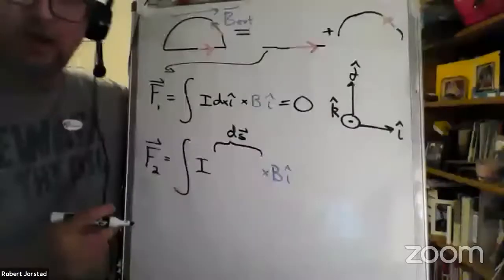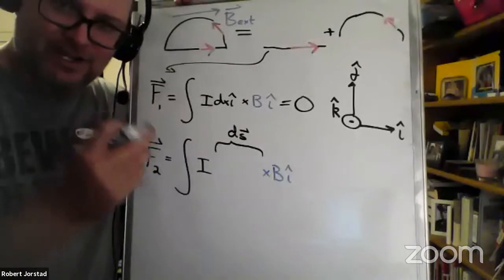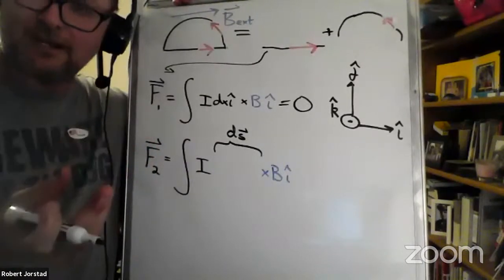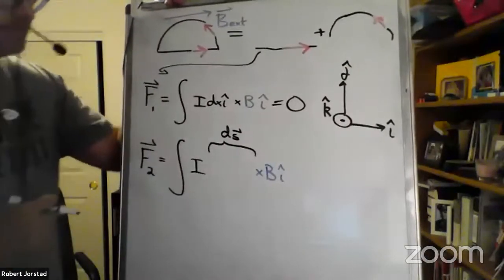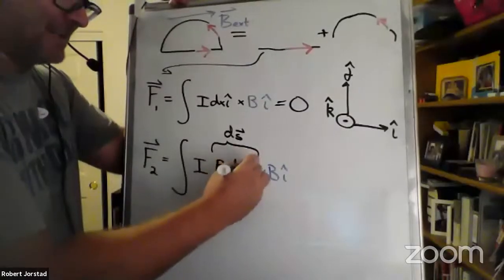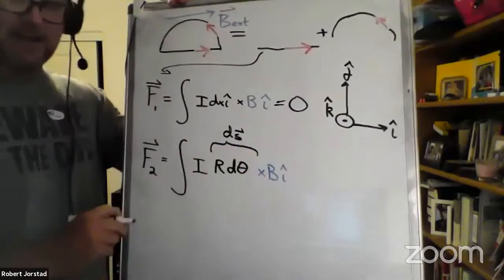When you're going around a circle, dr means a small change in radius. That's not right. That would be going radially outwards. Good, close. Is it r d theta? It's not d theta, it's r d theta. But that's not quite right, is it?